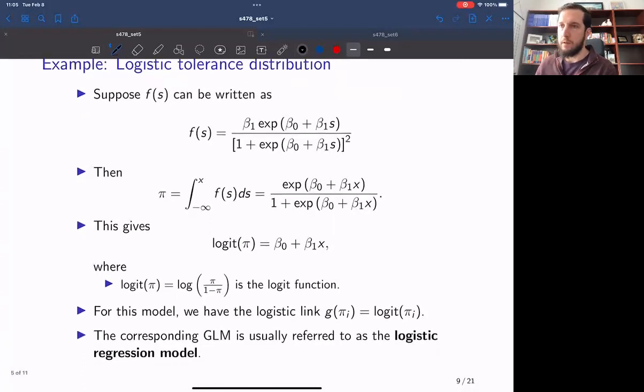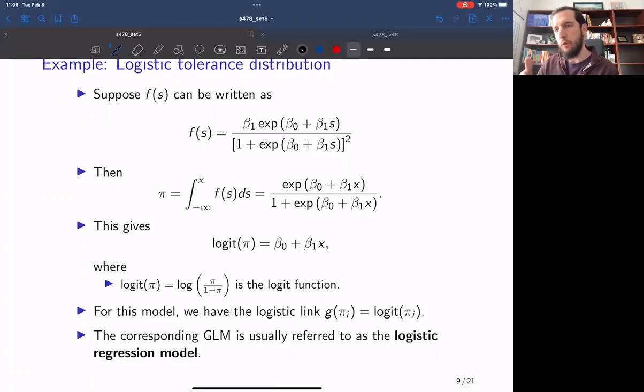So we're going to spend a bit of time in this lecture setting this up so that we understand how it works. And that'll help us move into building interpretations of the other models. One of the key reasons I think that the logistic model is so popular is because it actually has a direct interpretation that's understandable.